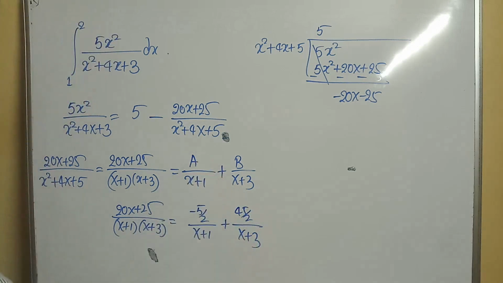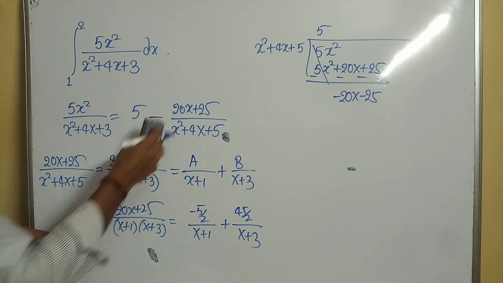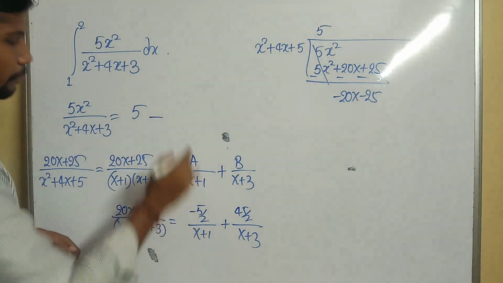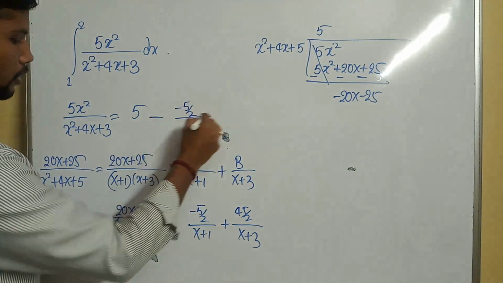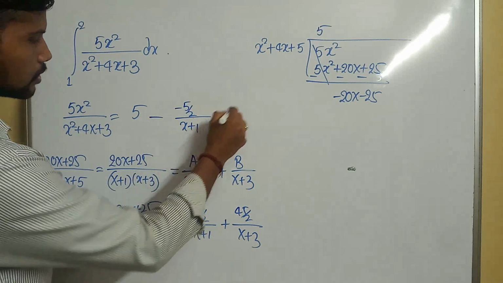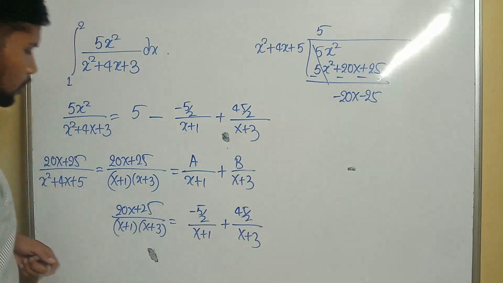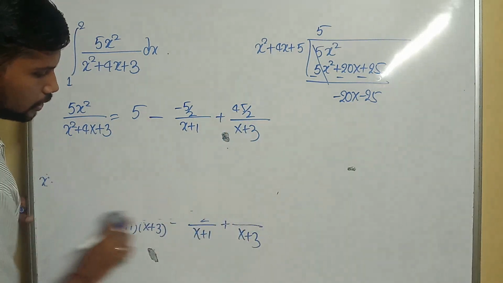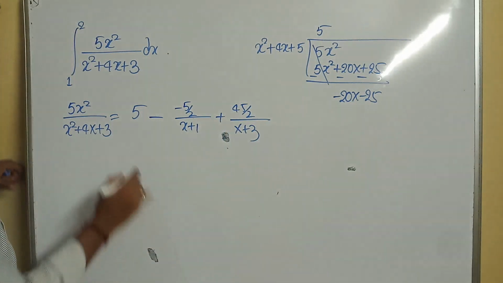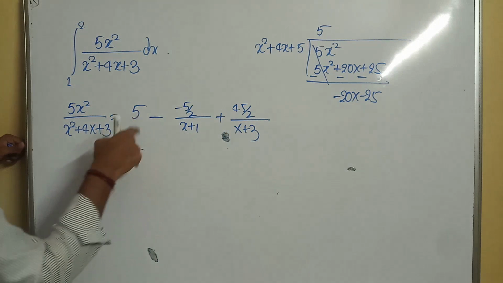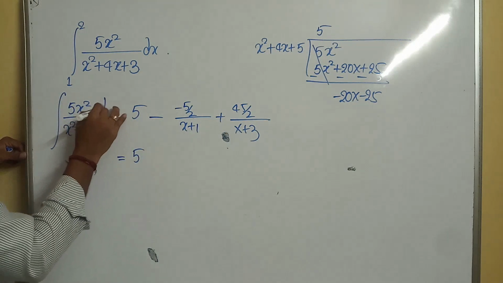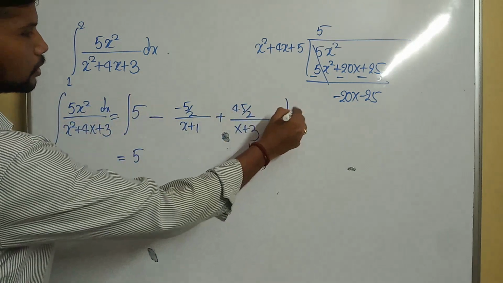I need to resubstitute these values. Instead of this equation, I need to write this one. This equation will be changed as minus 5 by 2 divided by x plus 1 plus 45 by 2 divided by x plus 3. Next I need to go with the integration. The integral of the terms will be 5 as it is, with respect to x.